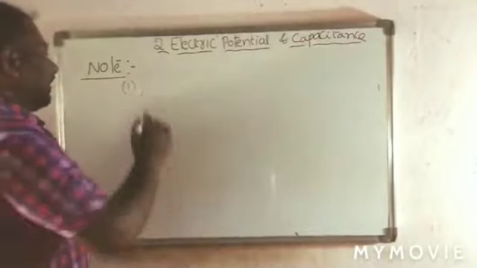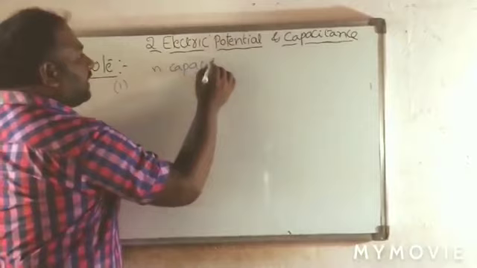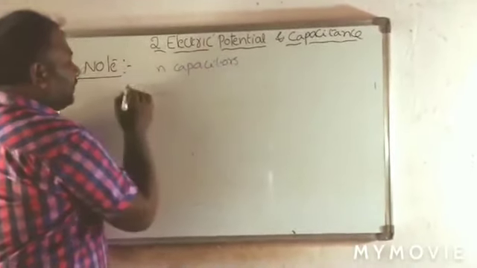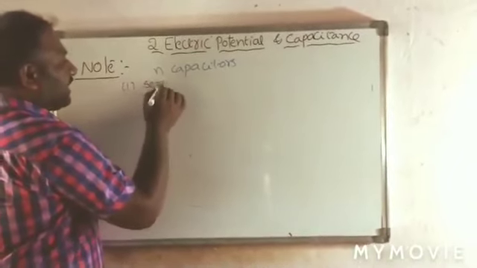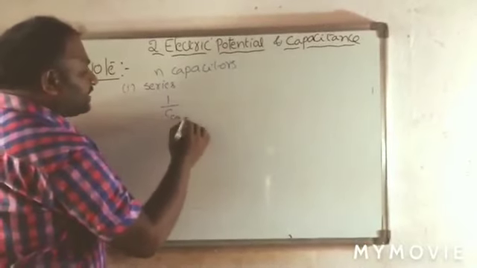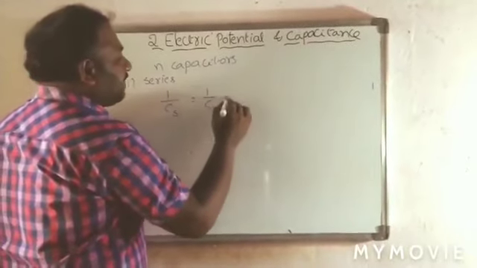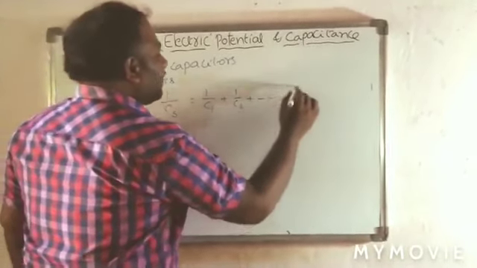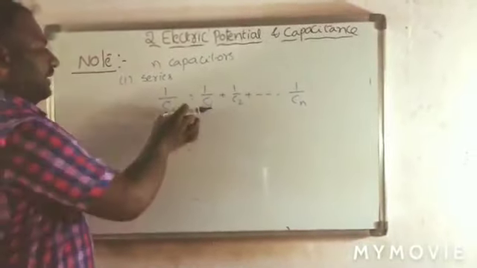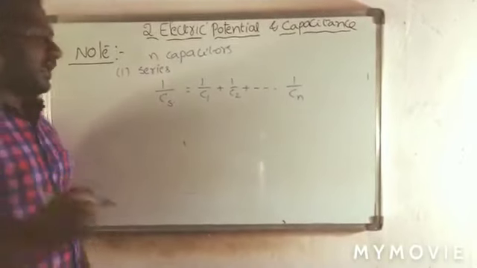Now based on that, if I take n capacitors, whenever the n capacitors are connected in series, then the equivalent capacitance is 1 by Cs is equal to 1 by C1 plus 1 by C2 and so on, 1 by Cn.